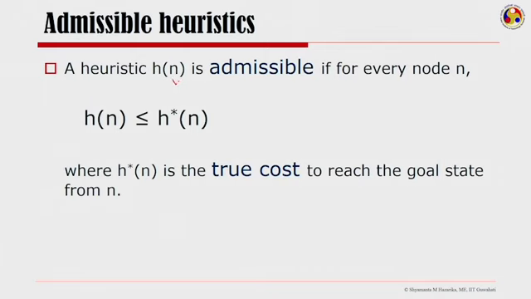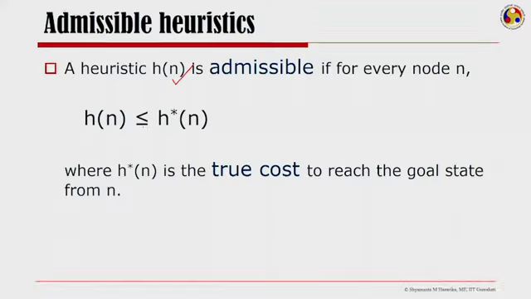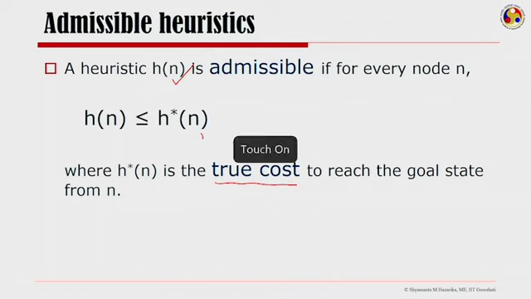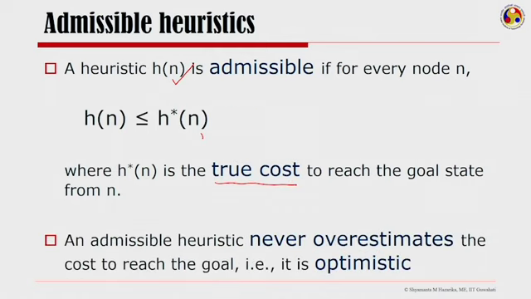Let's say h(n) is an admissible heuristic. h(n) is admissible if and only if h(n) is less than or equal to h*(n), where h* is the true cost to reach the goal from the current n. An admissible heuristic never overestimates the cost to reach the goal. That is, it is optimistic.